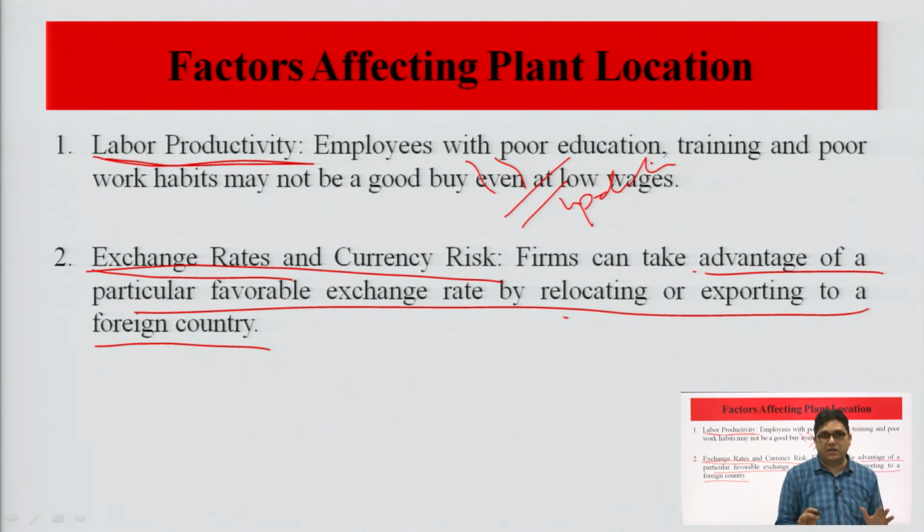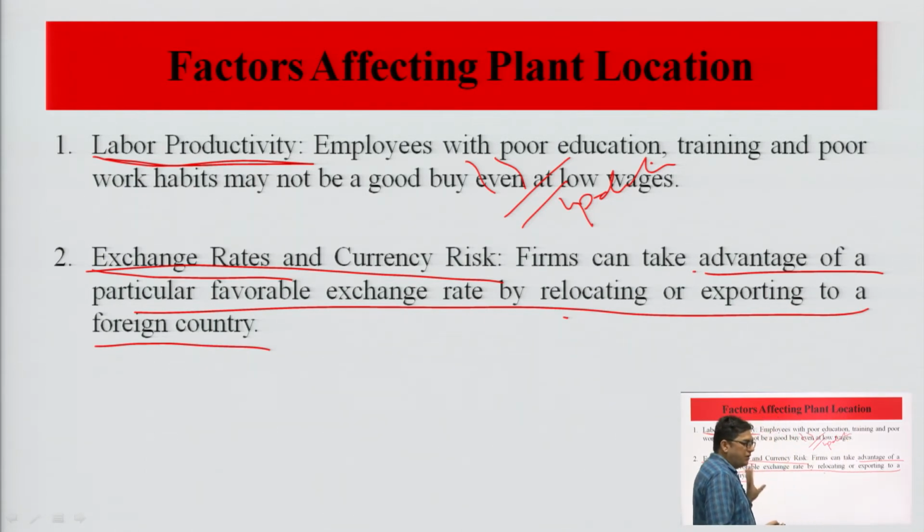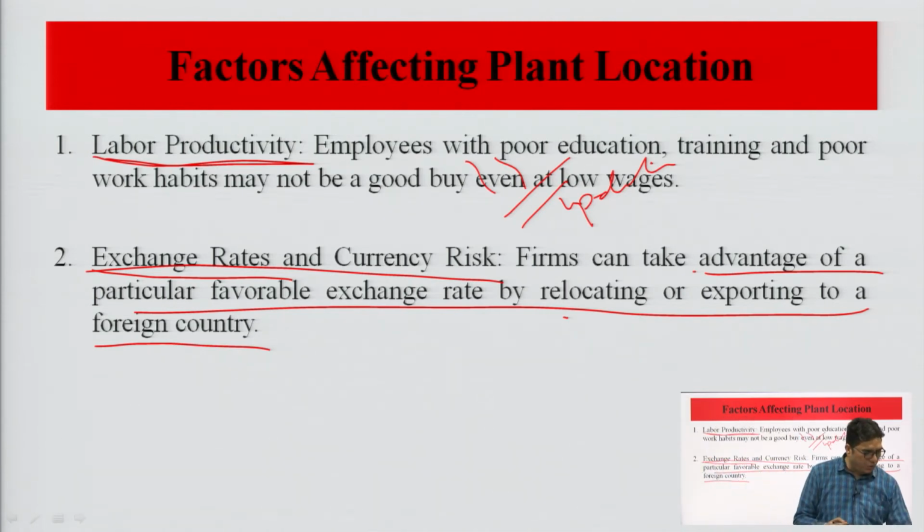This is probably the reason China keeps its currency, the yuan, low, so that China can maintain its supremacy and keep its export market share maximum. So, companies across the world invest in China, manufacture their products there, and then keep investing in other countries. So, the currency rate or currency risk can also impact our location decision.